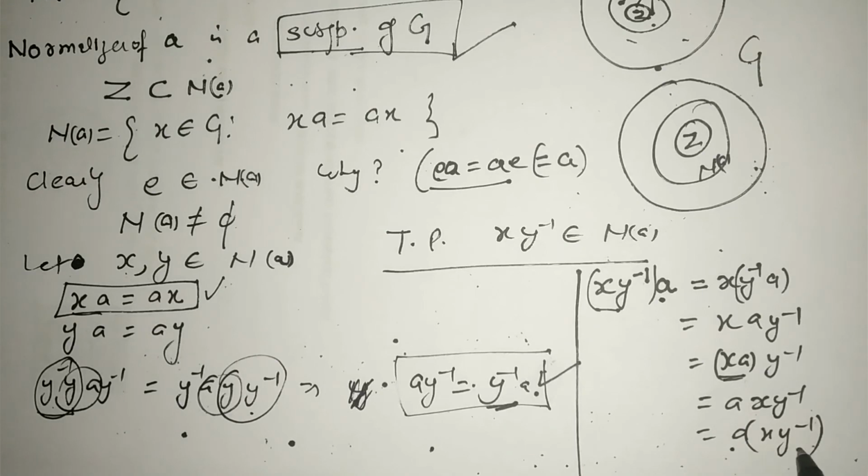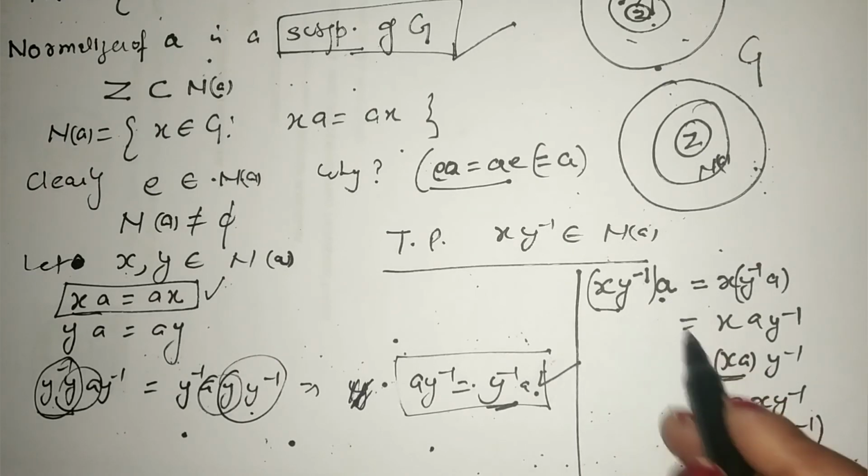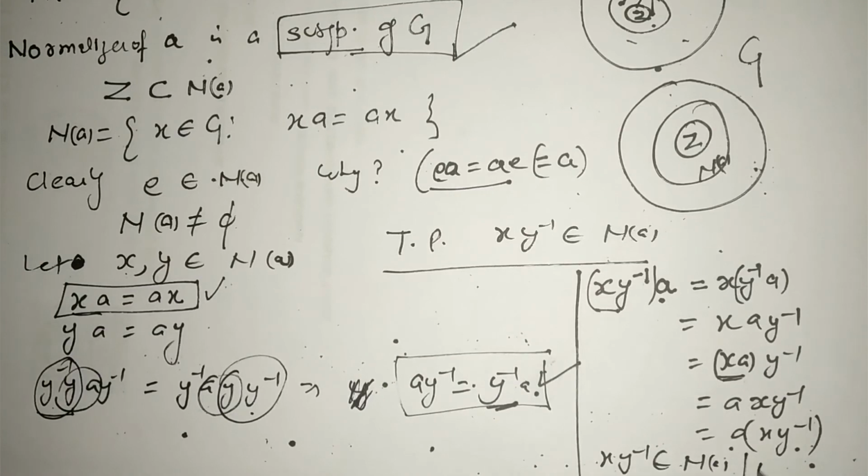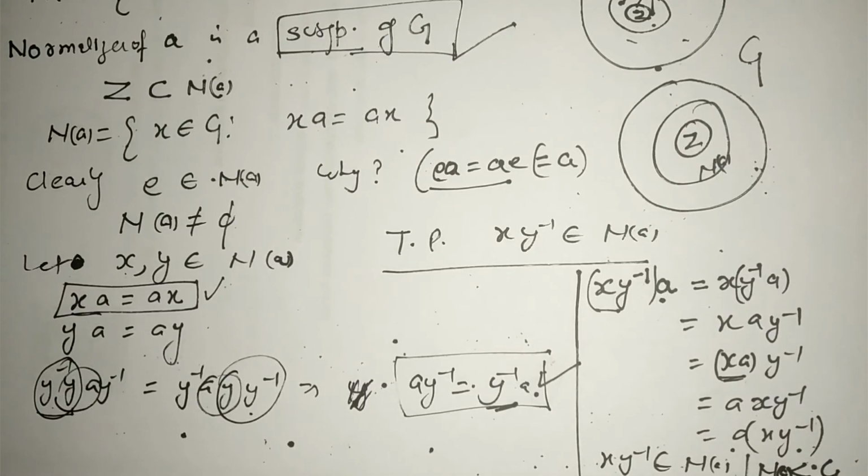It means X into Y inverse is commuting with A. It is commutative with A, means this element belongs to Na. So which proves that Na is a subgroup. This is the symbol of subgroup of G.